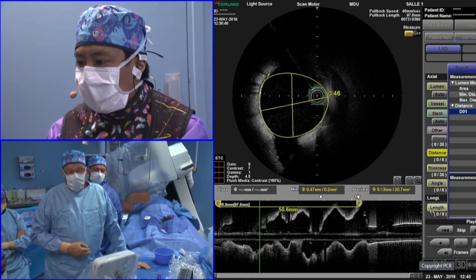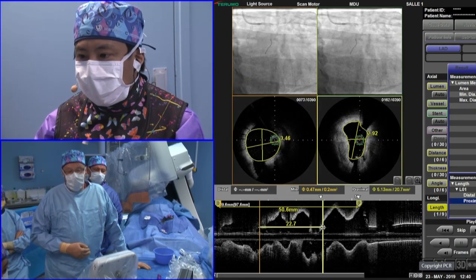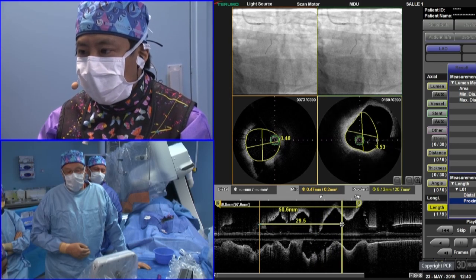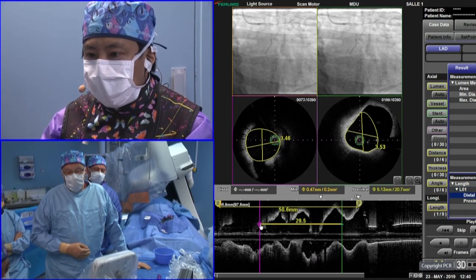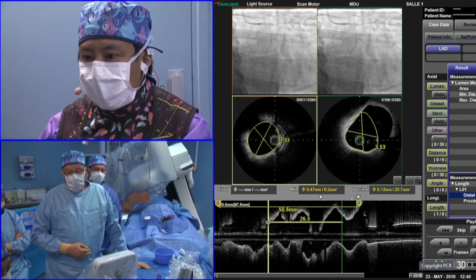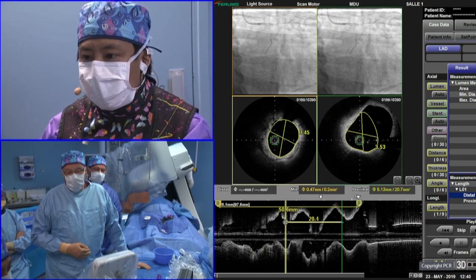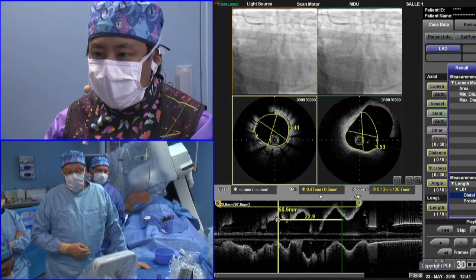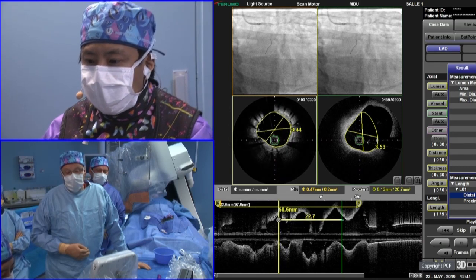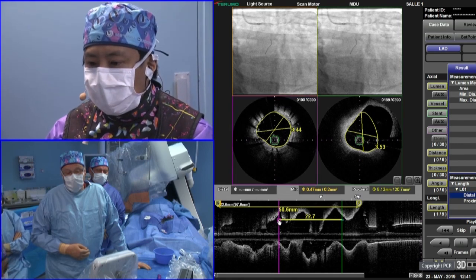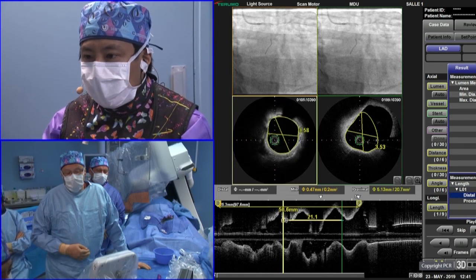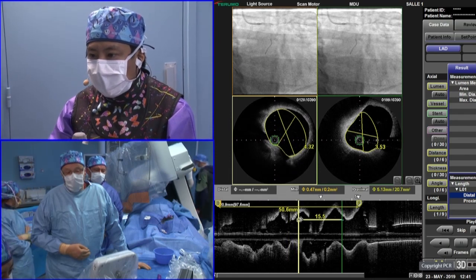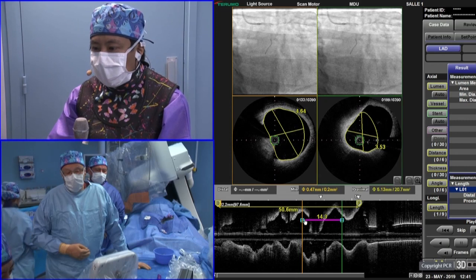We can make a measurement for the length of the stent. For example, if you take this one proximal and distally a little bit proximal to the previous stent, or if you try to cover until the previous stent, it will be 20 to 23. You can take the landing zone around here, which is already 4.6.